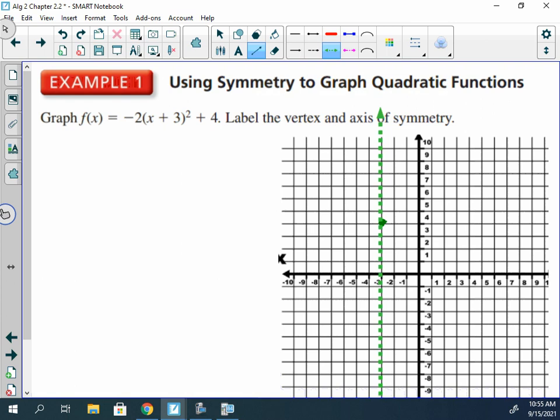Now, if I wanted to find other points of the parabola, I could just pick one. So let's just say negative 2. To find the y value, I can plug it in.